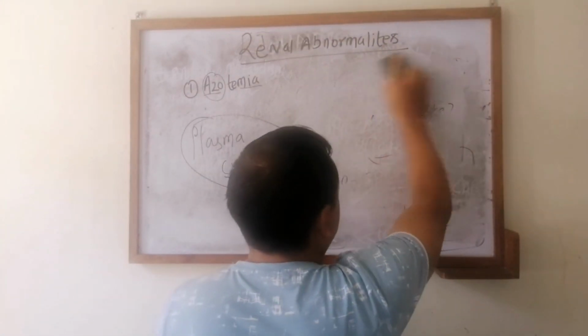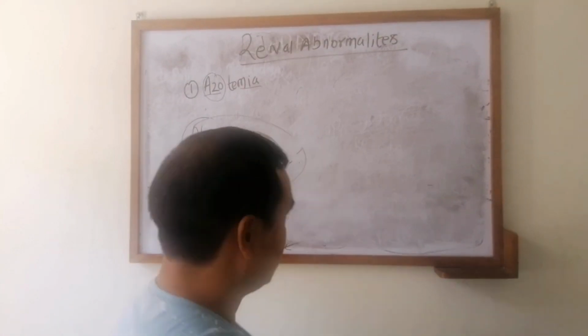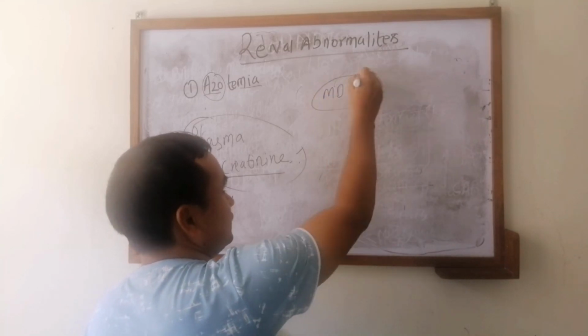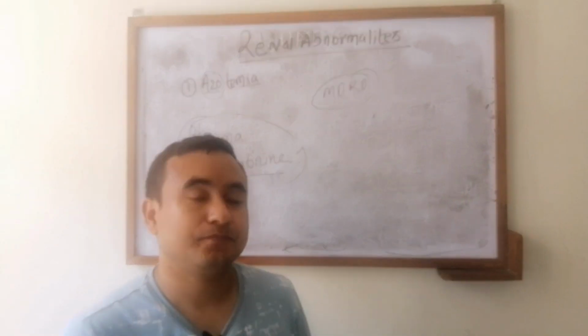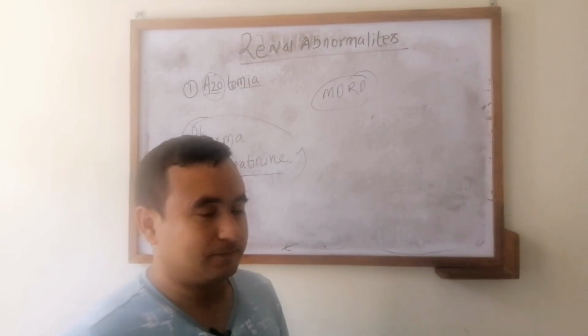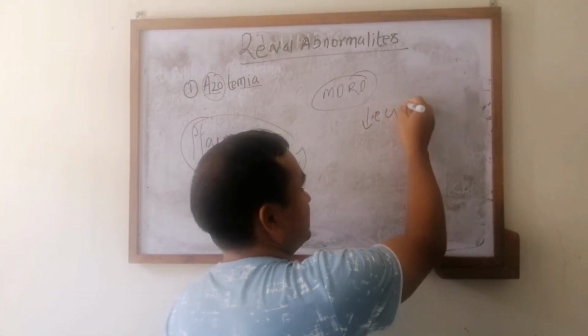Now, after calculating the EGFR by the MDRD formula, we can estimate the EGFR. There can be a reduction in the EGFR by two conditions.